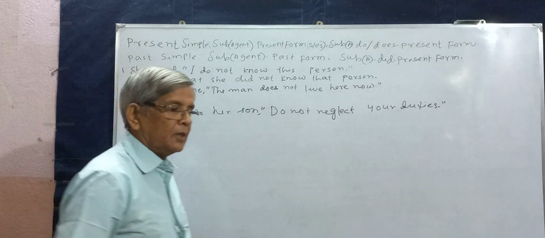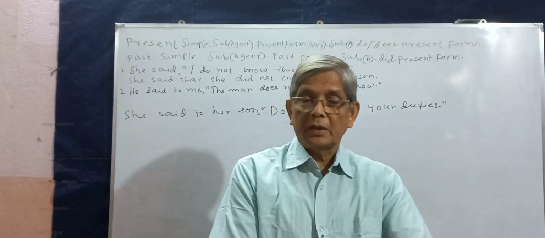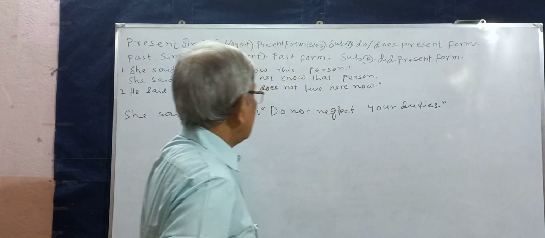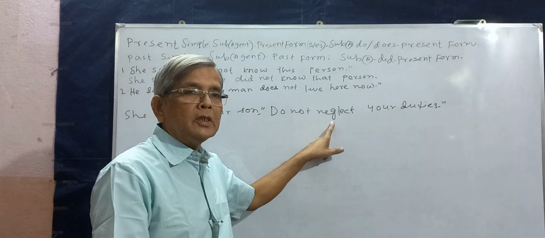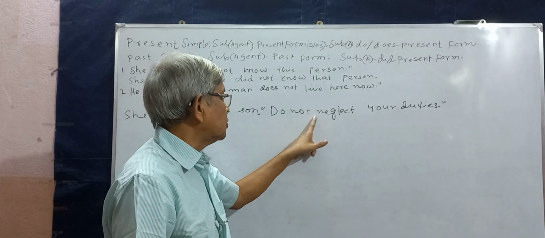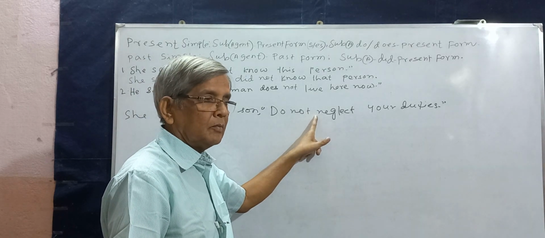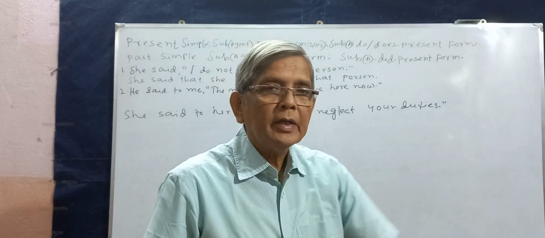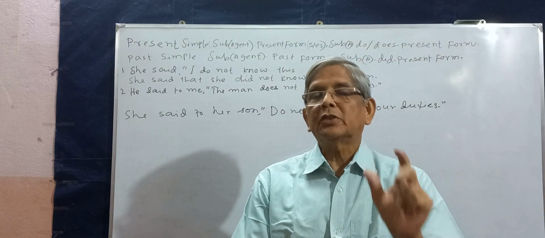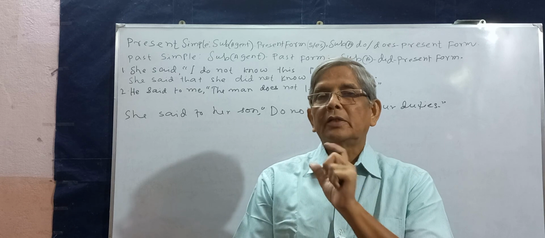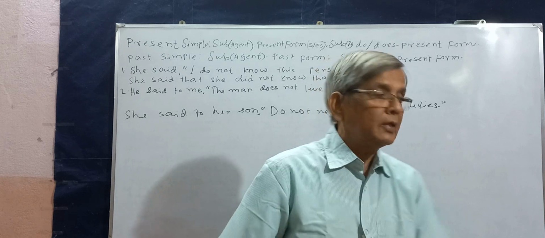We know that while changing speech of an imperative sentence, we have to turn the verb, the main verb, into an infinitive by placing the preposition to in front of it. And an infinitive is a non-finite verb form. It has no tense. It cannot indicate time. So there is no question of changing tense.